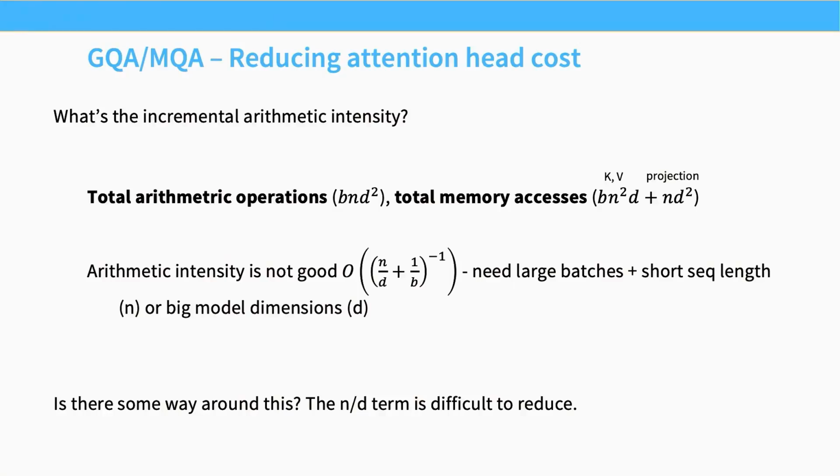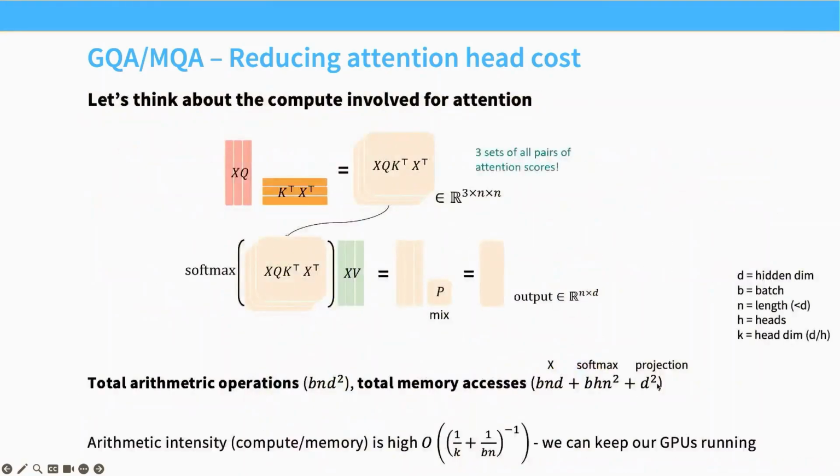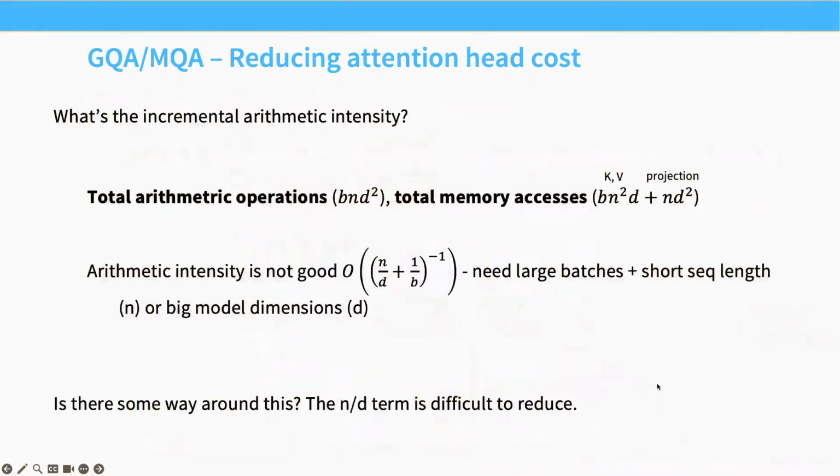But because I'm doing this incrementally, now I have a memory access pattern of batch by sequence squared by hidden dim plus sequence by hidden dim squared. And the second term is not so pleasant, right? It used to be that it was just d squared, but now we've got n times d squared. And if we compute the arithmetic intensity, which is the ratio of these two guys, now we have n over d plus 1 over b.